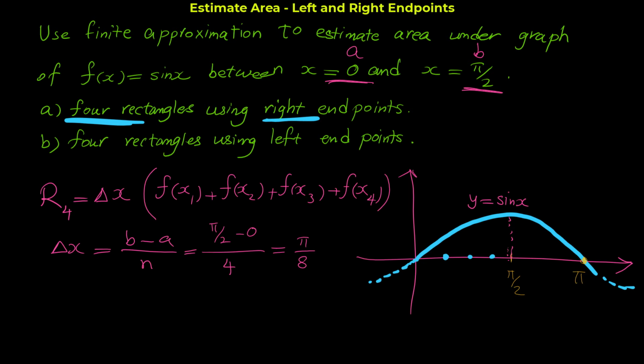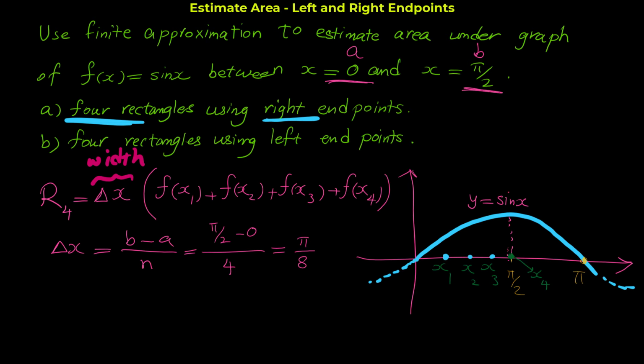So if delta x shows the width of our rectangles, for each of our rectangles we have to have the length of the rectangle. F of x1, f of x2, f of x3, and f of x4 show the lengths of the rectangles. But what are x1, x2, x3, and x4? x1 is here in this example, x2 is here, x3 is here, and finally x4 is the last point of the interval, the end of the interval.